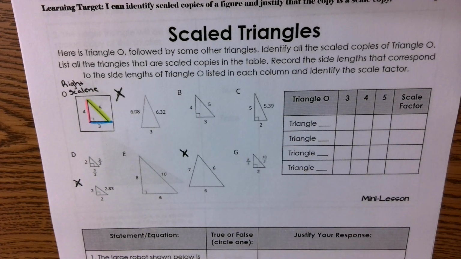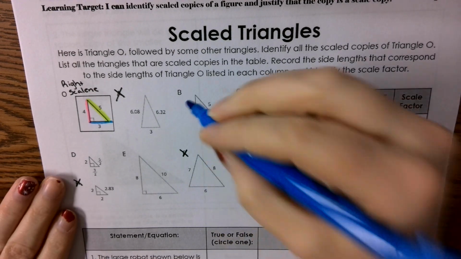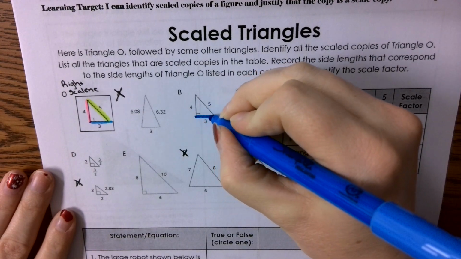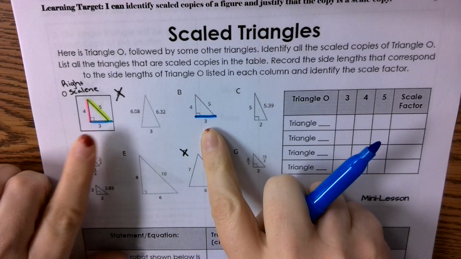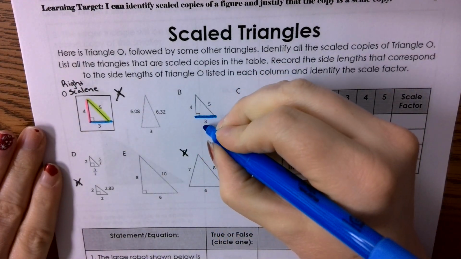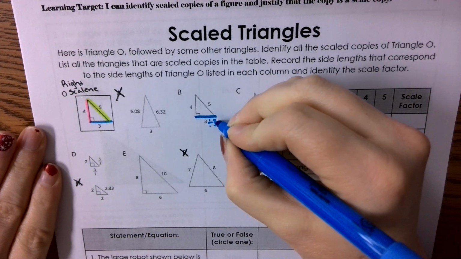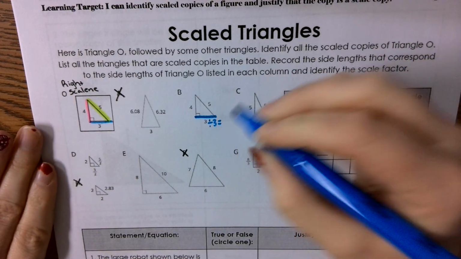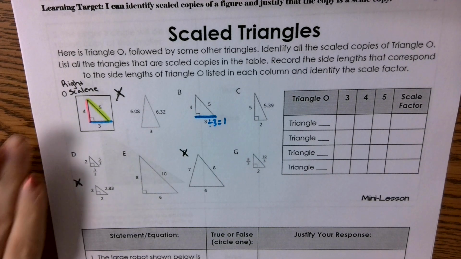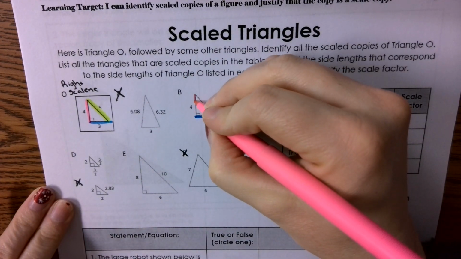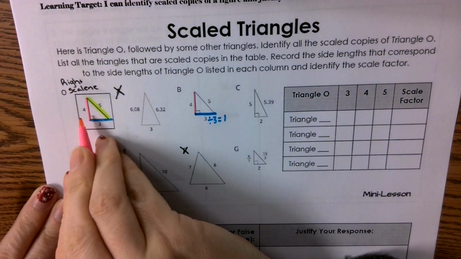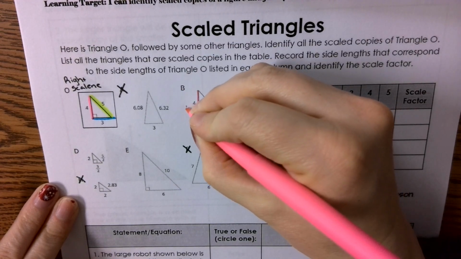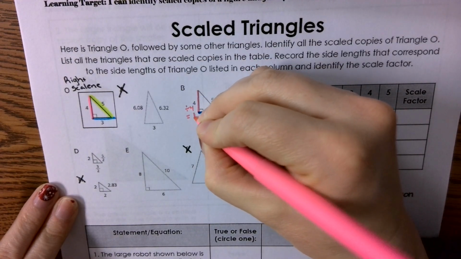Now, if we're looking at B, B is a scaled copy because it's identical, isn't it? It has a measurement of 3 compared to 3. If I take this 3 and I divide it by 3, what am I going to get? What's 3 divided by 3, guys? 1. Okay? If I take the height is a 4. If I divide it by its original 4, what's that going to give me? 1.